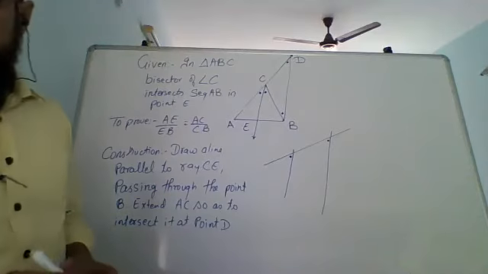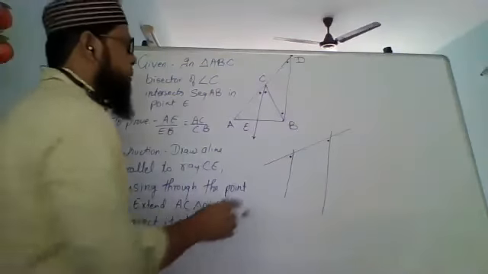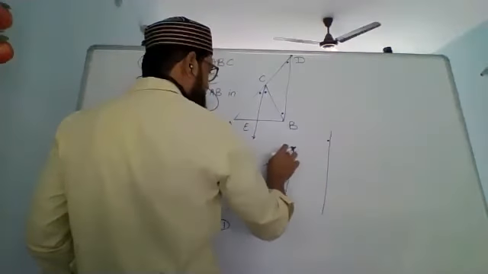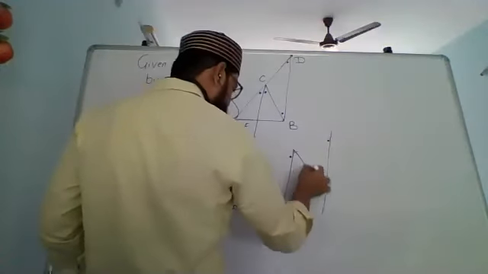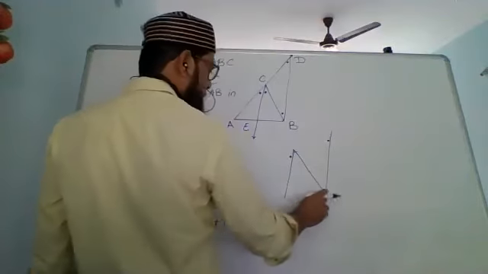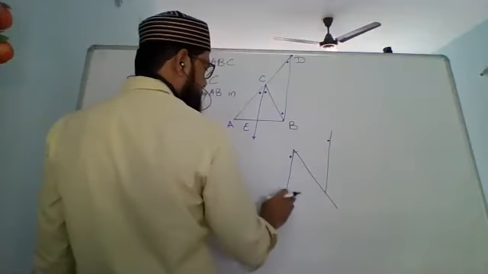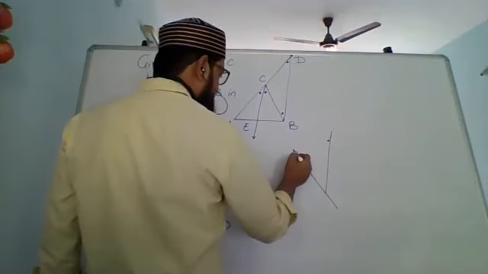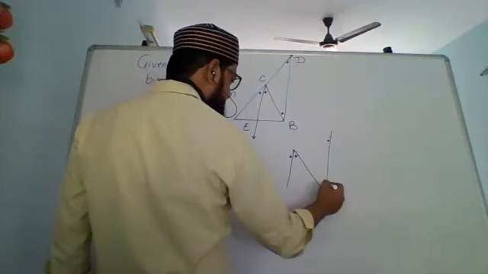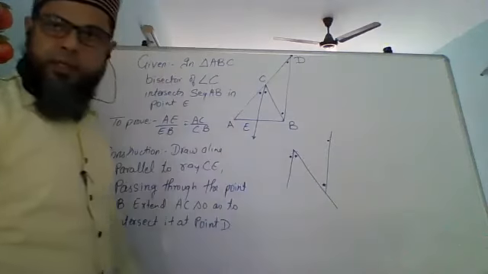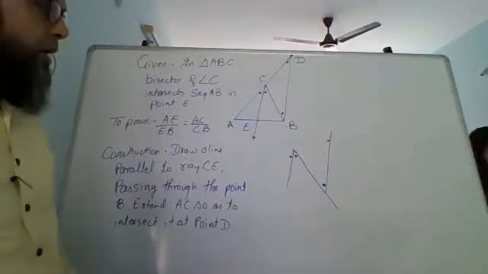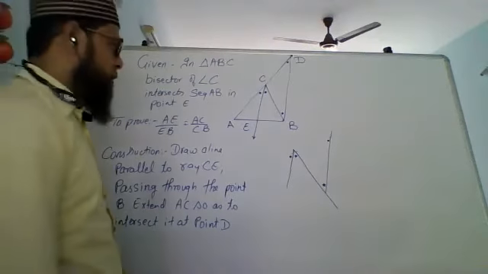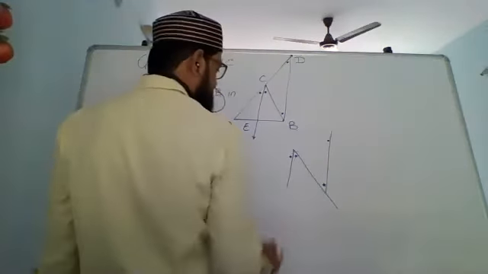Then same thing, but instead of AD, I am taking parallel lines over here. BC is the transversal. Now if BC is the transversal, these are alternate angles, and because they are alternate angles, they will again be equal. So this angle is equal to this angle.